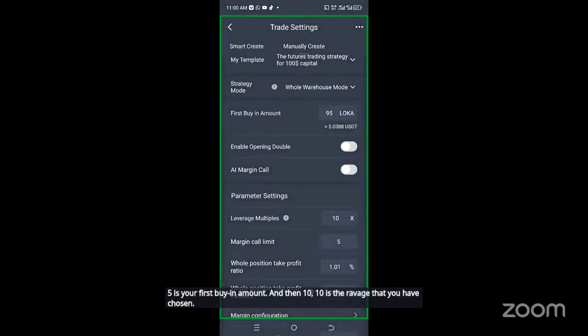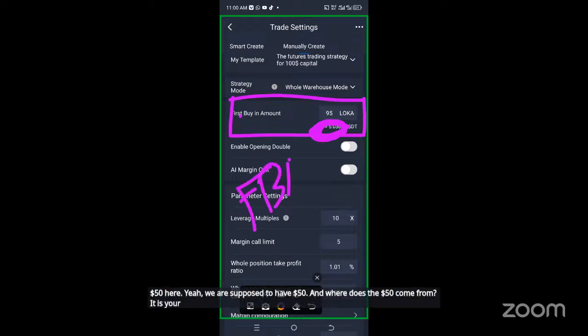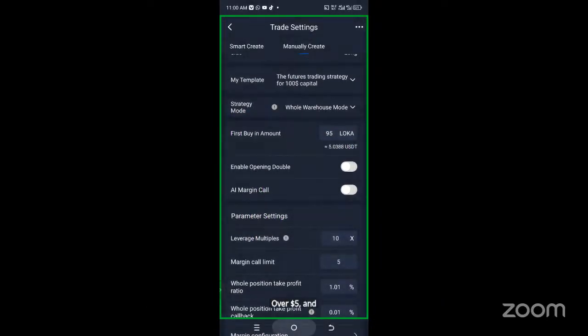That means here we are supposed to have $50. And where does the $50 come from? It is your first buy-in amount of $5 and the average of 10.